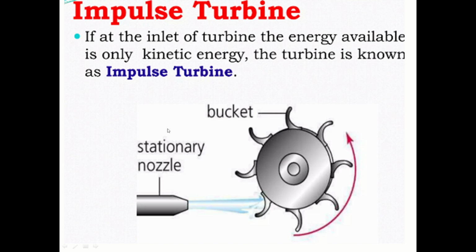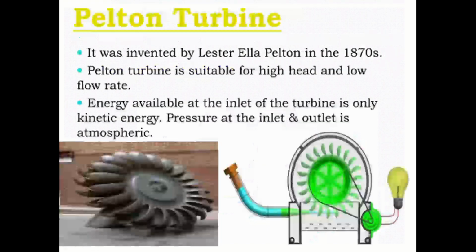And you can also define it as: because of the impulse of the water coming out of this nozzle, the turbine rotates, which is called an impulse turbine. Hope you are all understanding. Now, this is how the Pelton wheel operates.